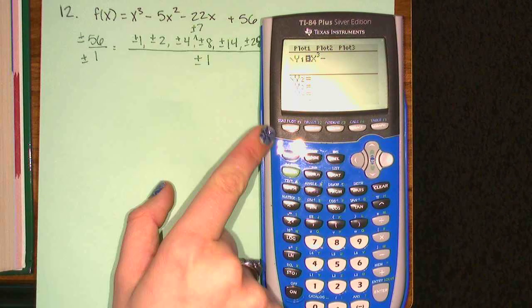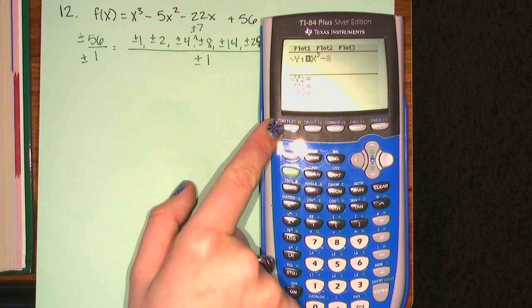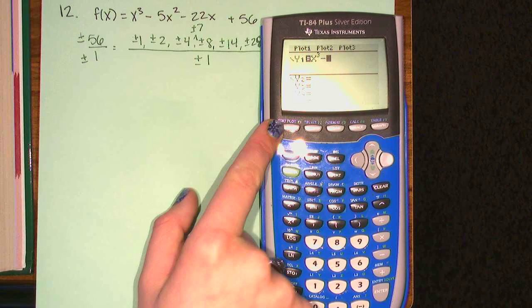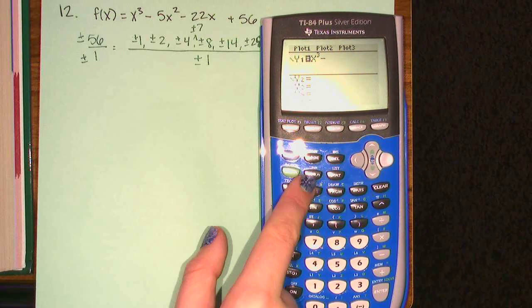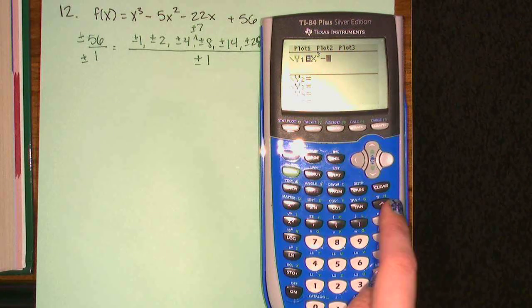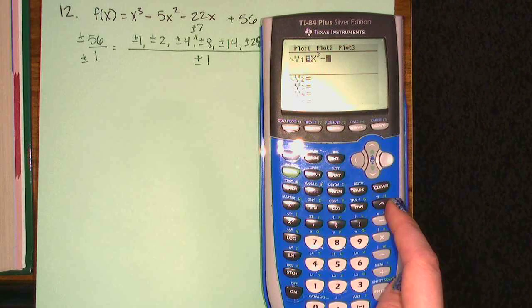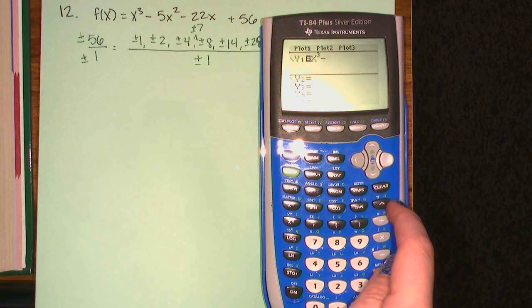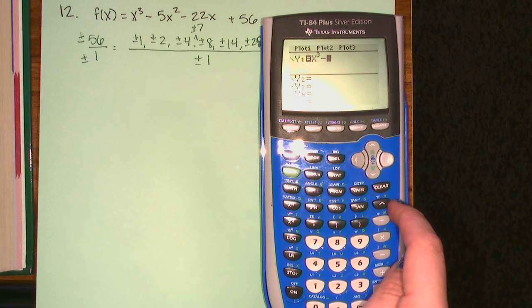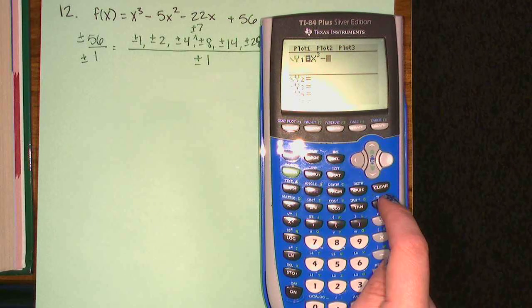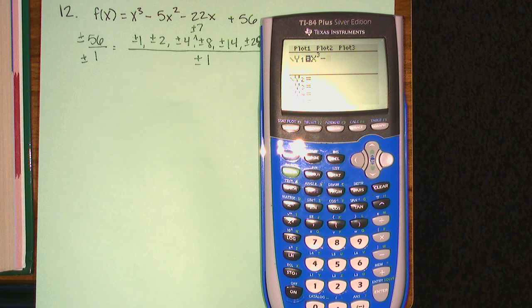Hit y equals. If there's anything already there, clear it. Then hit X. Then the little caret thing underneath of mode puts it up to the top so you can put an exponent in.